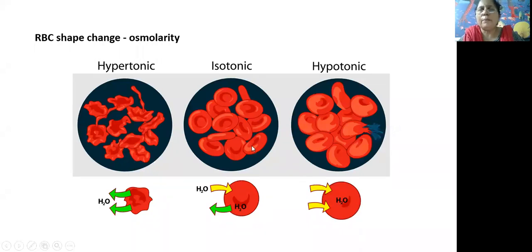So remember, the normal RBC is a dumbbell shape in cross-section. Or you imagine a balloon. So this is the normal one, a dumbbell kind of thing, and this is a balloon shape. Okay. So this becomes a spherocyte, a balloon kind of thing. So this is osmolarity, very important.